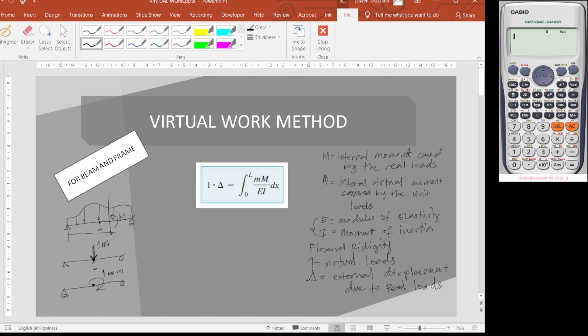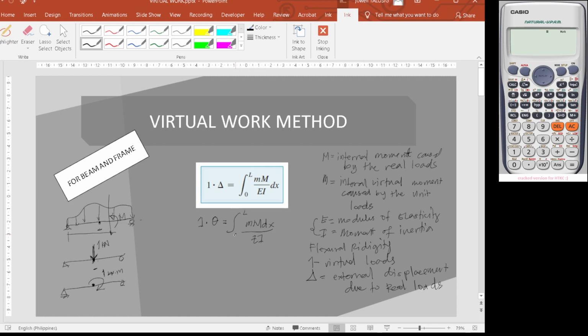If we're talking about rotation, the formula will be 1 times theta, the rotation, is equal to the same right side.